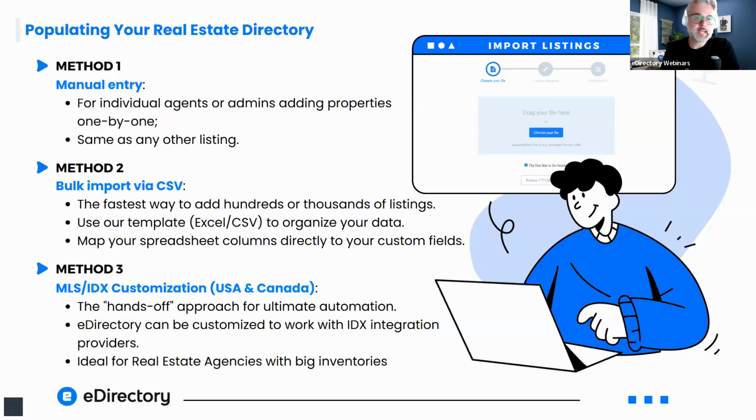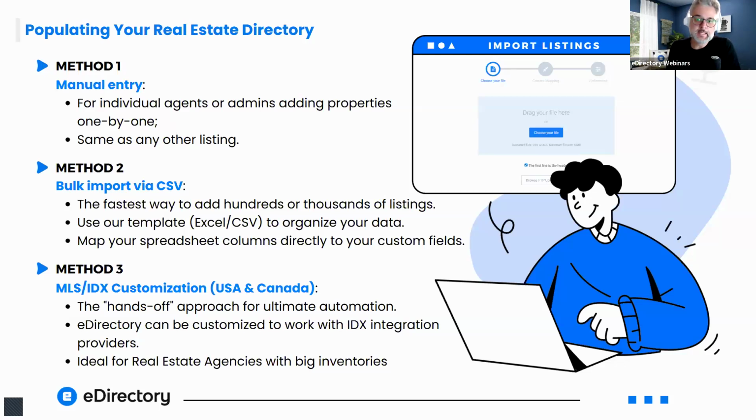Another method that I can show you later is the bulk import via CSV files. I think this is the fastest way. For example, if you have a realtor or a broker that has a list of properties collected over months or weeks of work, they can simply create an Excel file in the form of CSV.